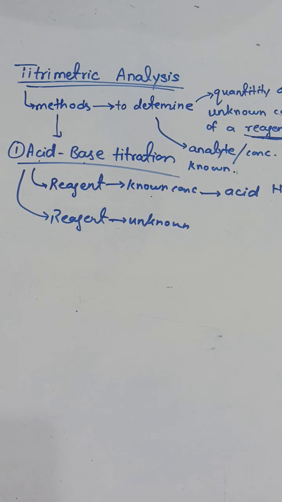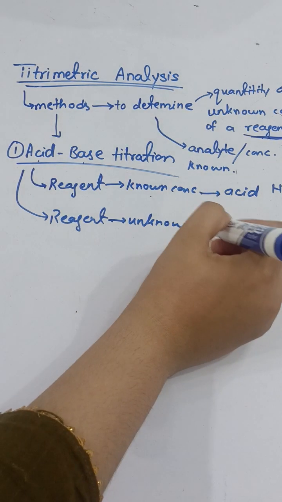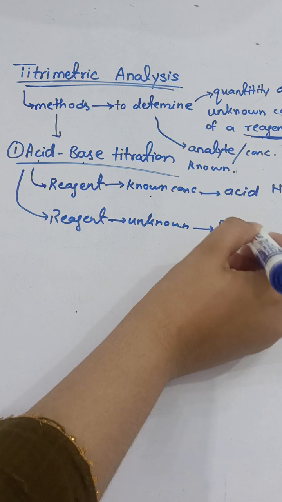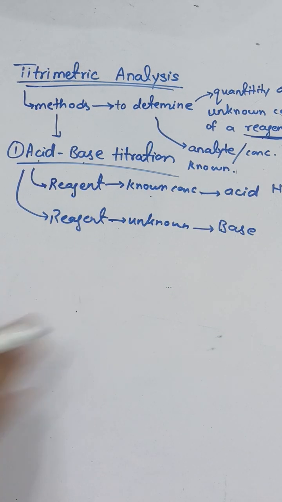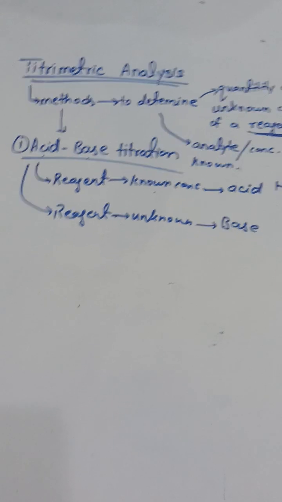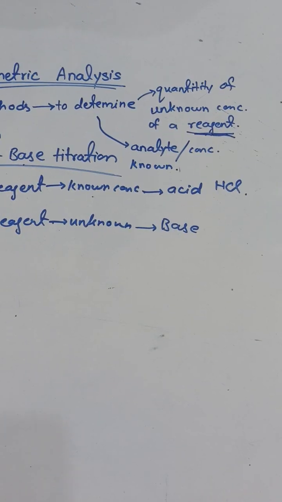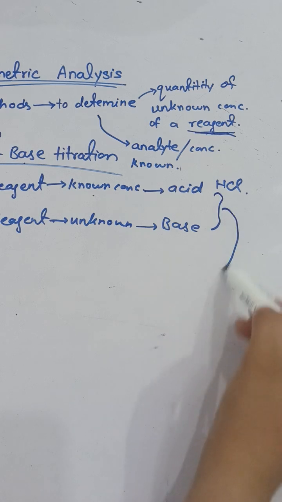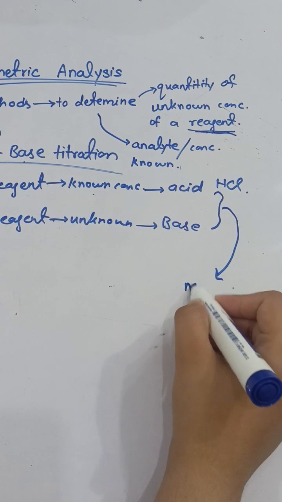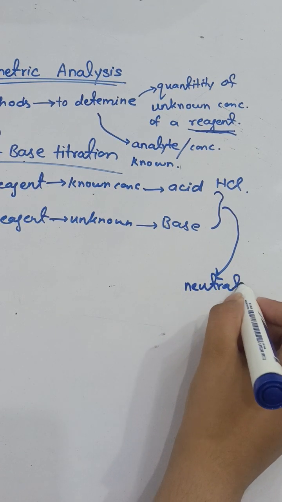And the second reagent that I am giving you is a base, but we don't know its concentration. We can find it out by using acid base titration, which is nothing else but a reaction between these two. It's a neutralization reaction.